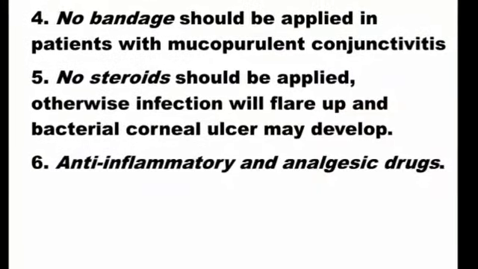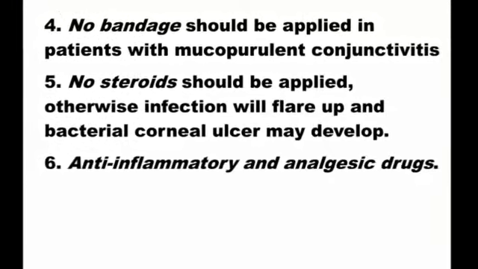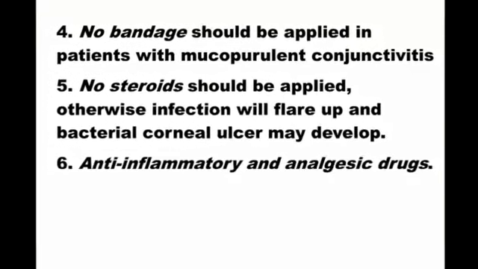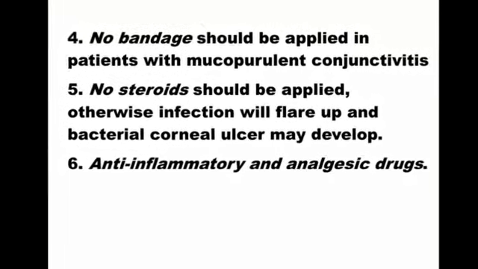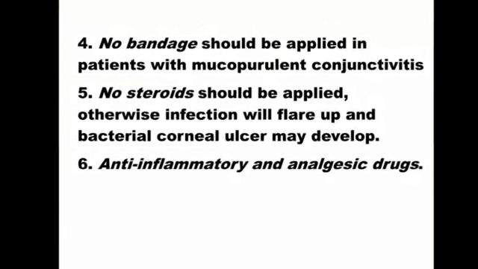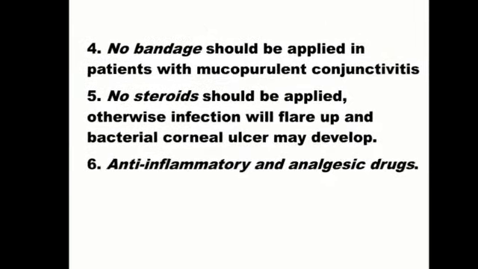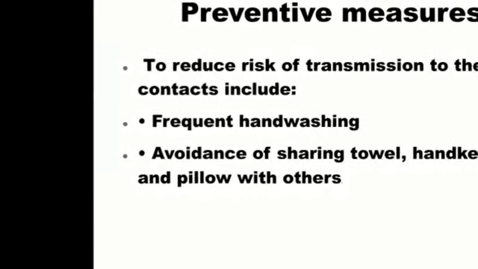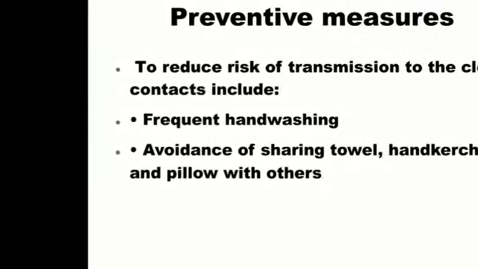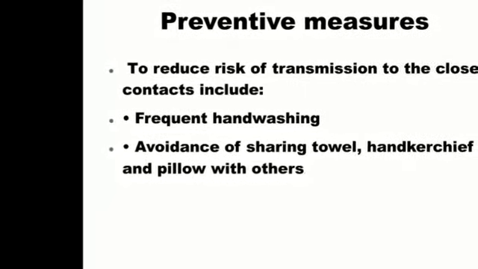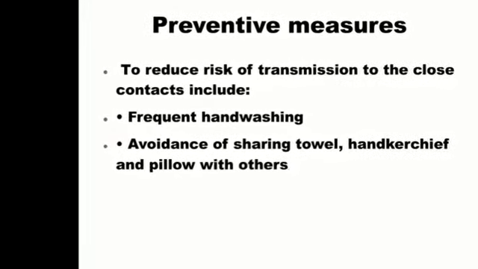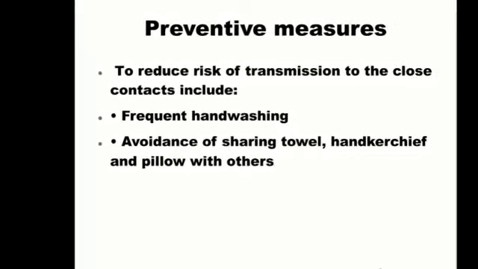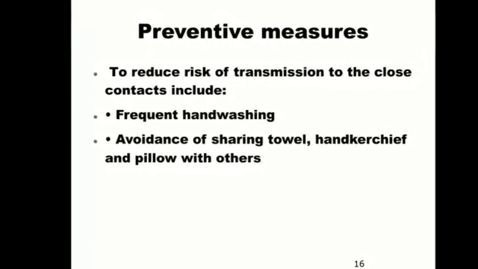No steroids should be applied, otherwise infection will flare up and bacterial corneal ulcer may develop. Anti-inflammatory and analgesic drugs are used. Preventive measures to reduce the risk of transmission to the close contacts include frequent hand washing, avoidance of sharing towel, handkerchief and pillow with others.